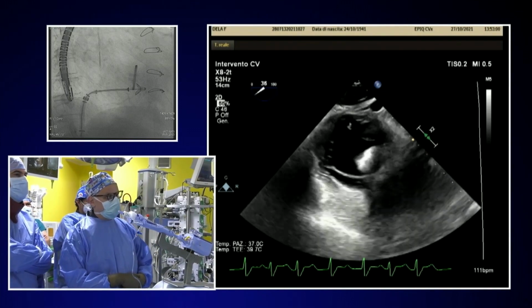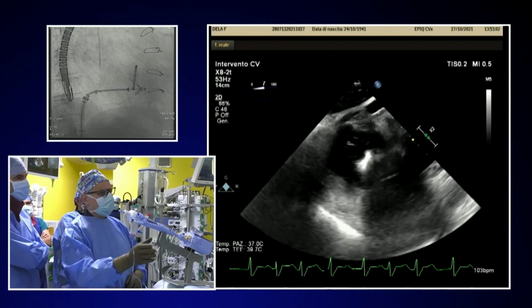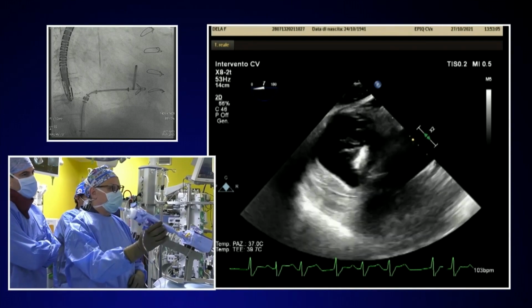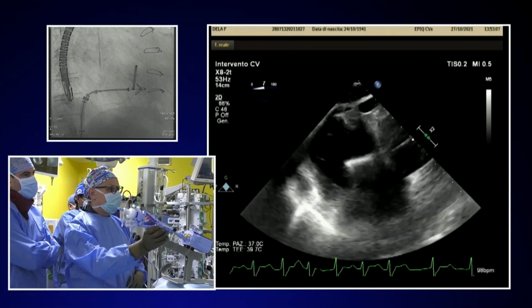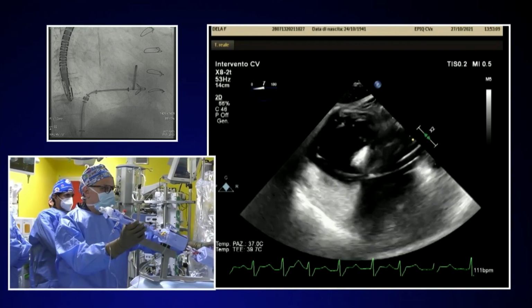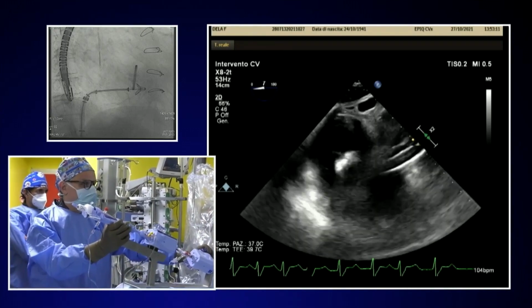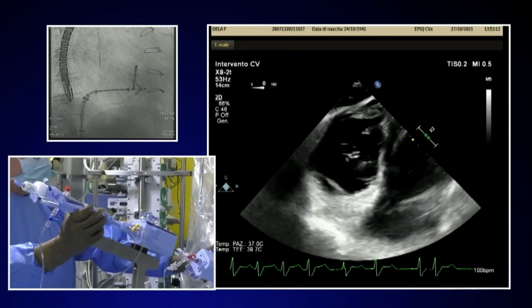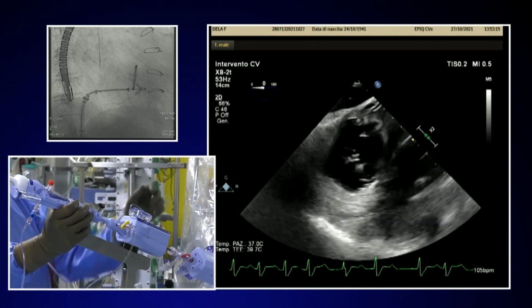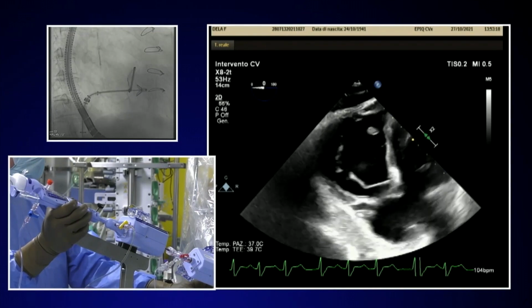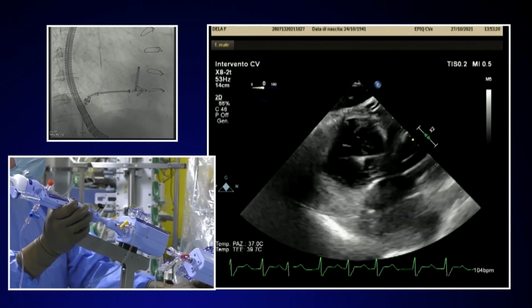We want to be, I told you, 2 to 8. So probably we need to rotate slightly clockwise and go a little bit more anterior rather than septal. And probably pull back the whole system just a little bit, just to be more in line.